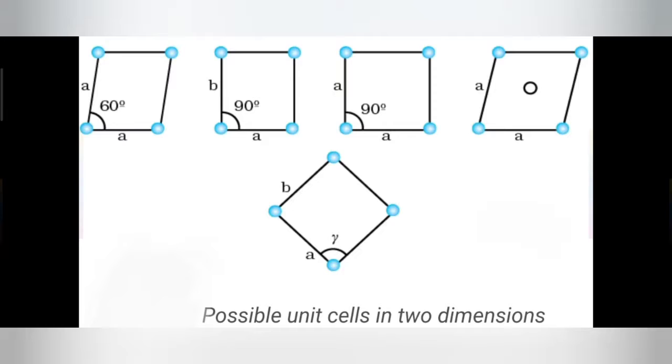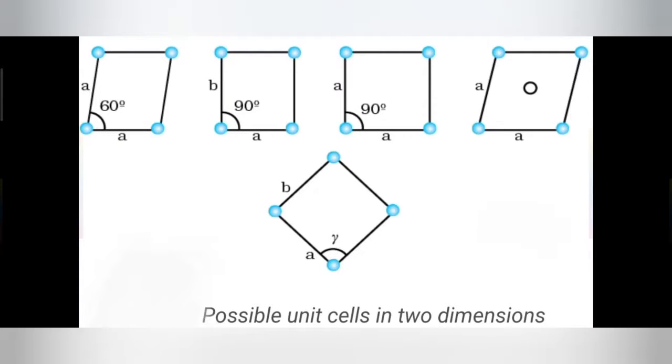Actually we have to learn three-dimensional unit cells, but for simplicity, first let us discuss two-dimensional unit cells. As you can see, we have some different possibilities in 2D unit cells. The first unit cell has the same type of edges, all of type a, but it has different angles.